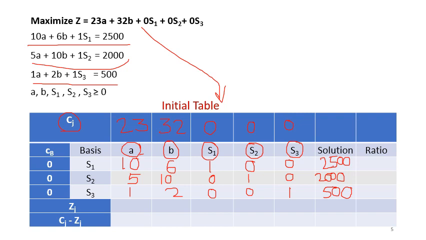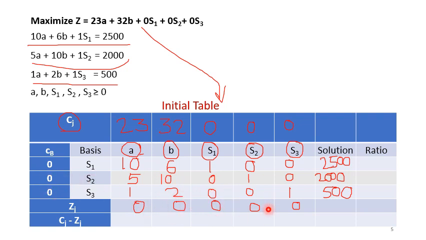Now we have to see what the Zj value is. We have seen that when S1, S2, S3 all have a coefficient of 0, then your Zj value also becomes 0. So Zj value is 0 initially. That is 10 into 0 plus 5 into 0 plus 1 into 0, that is 0. Similarly 6 into 0 plus 10 into 0 plus 2 into 0, that is also 0. 1 into 0 plus 0 into 0 plus 0 into 0 is 0, and so on.